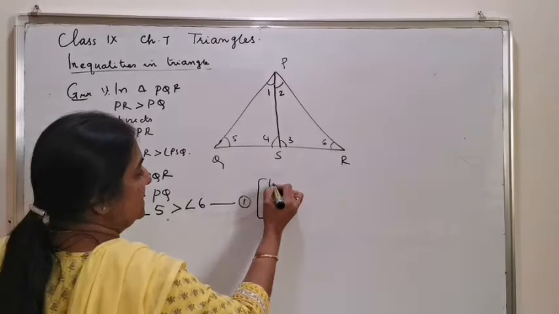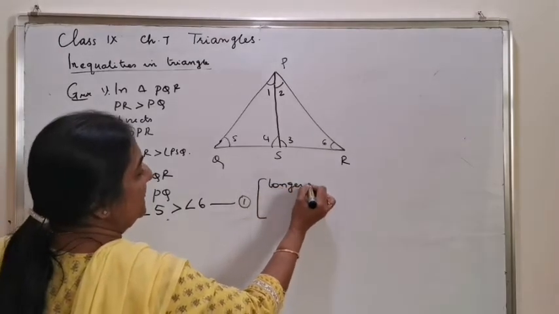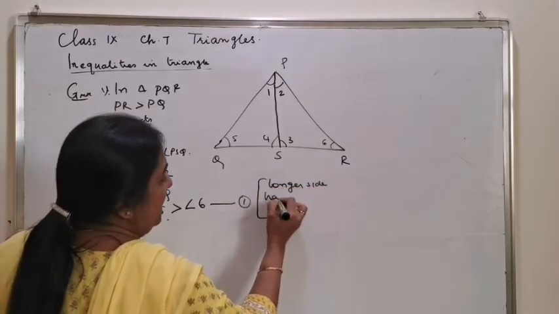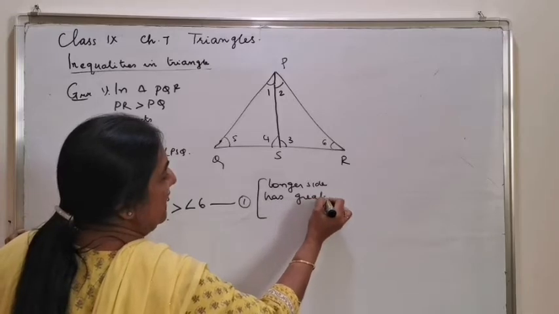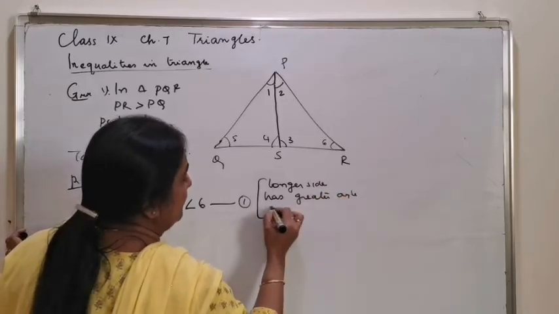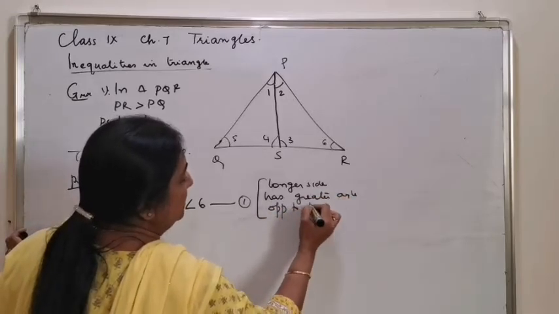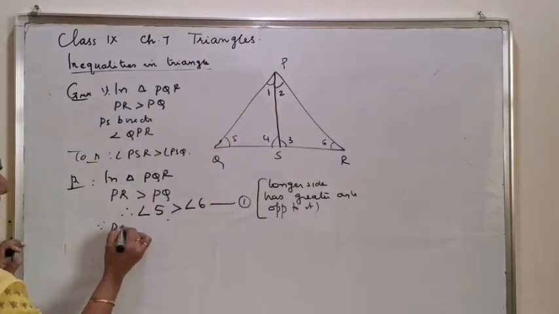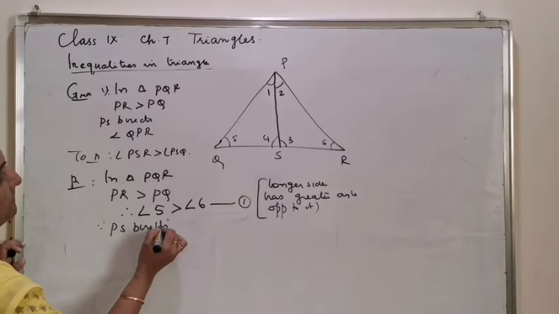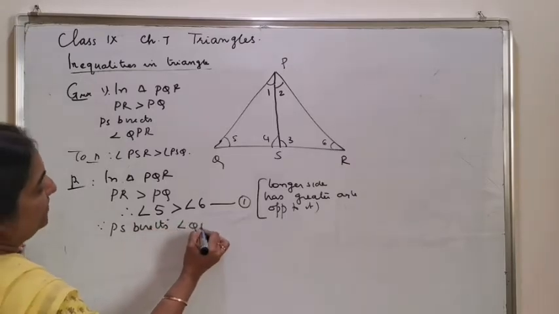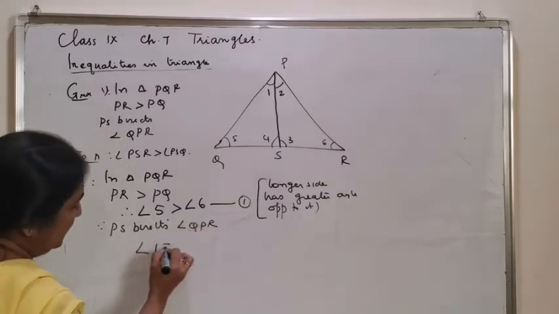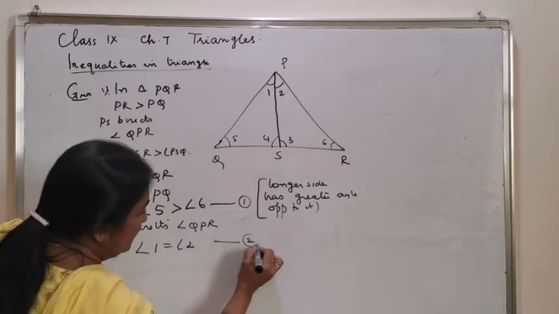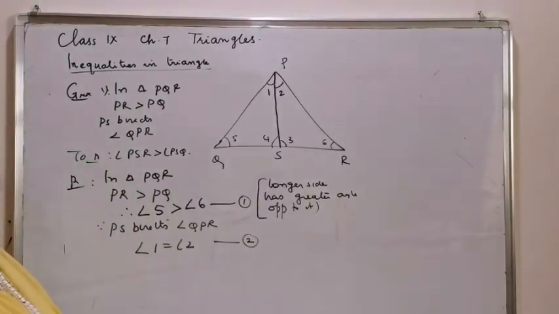You can write here: longer side has greater angle opposite to it. The second condition is, since PS bisects angle QPR, angle 1 is equal to angle 2. Mark that as equation number 2.